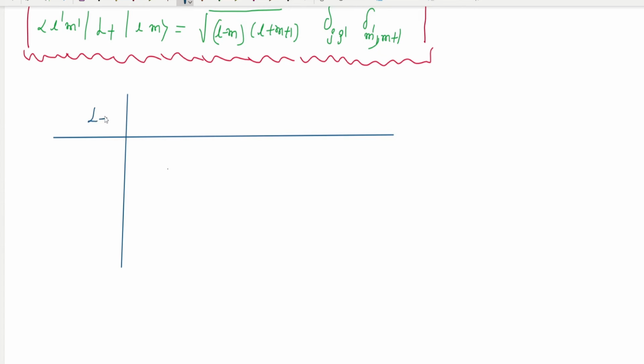Here you can take the L plus, and here 1 comma 1, 1 comma 0, 1 comma minus 1. Here 1 comma 1, here 1 comma 0, here 1 comma minus 1.